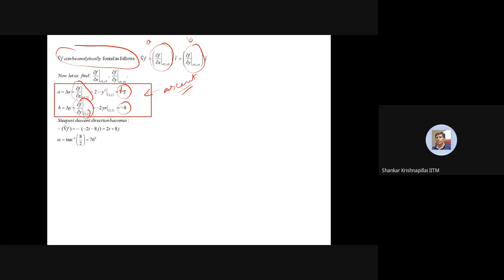So it will be +2 and +8. What is the meaning? Delta x is +2, delta y is +8. So this is the direction of delta. You can see that this angle will be 76 degrees.